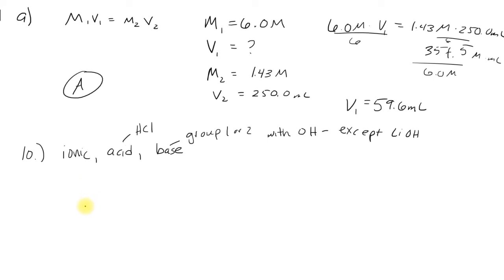We mixed sugar and it was not an electrolyte, so A is non-electrolyte. B is magnesium and chlorine, so that is ionic. That would be a strong electrolyte. C is methane, also called natural gas, which is just carbon and hydrogen, so that is also a non-electrolyte, just like the sugar. And H2 is just a covalent bond also, so non-electrolyte. The only one that would even make ions at all is B.